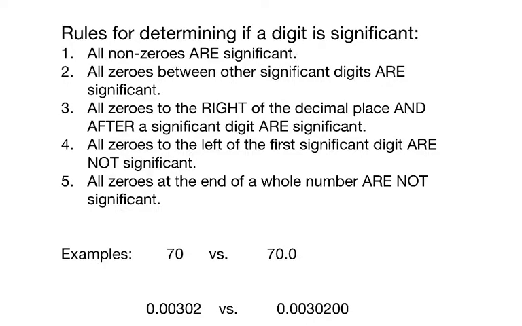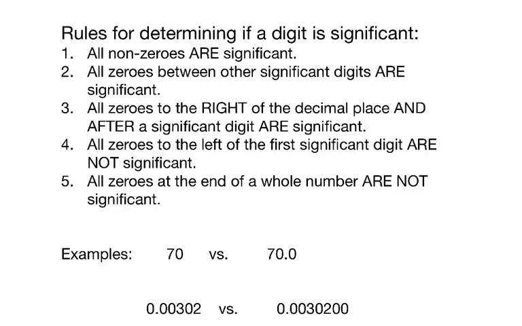Any zeros between other significant digits are significant. So if you have a 0 in the middle of a number, then that 0 will be significant. Rule number 3, all zeros to the right of the decimal place and after a significant digit are significant. So anything to the right of the decimal place and also after another significant digit.